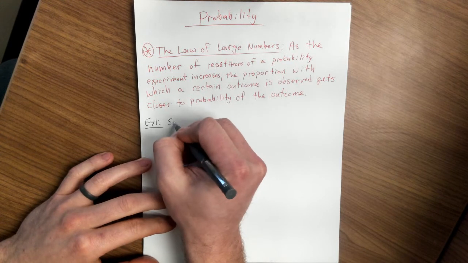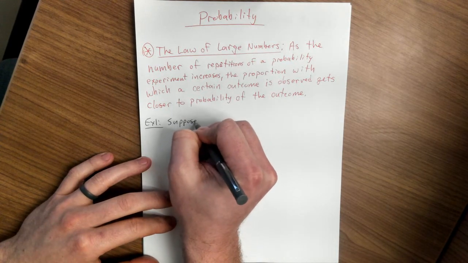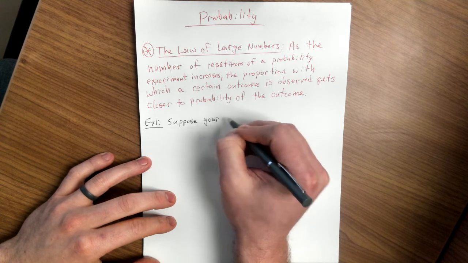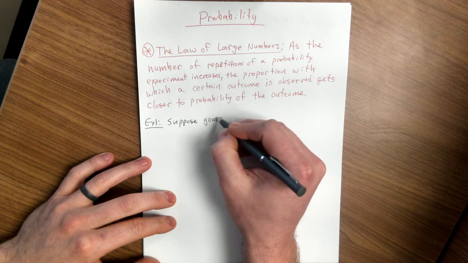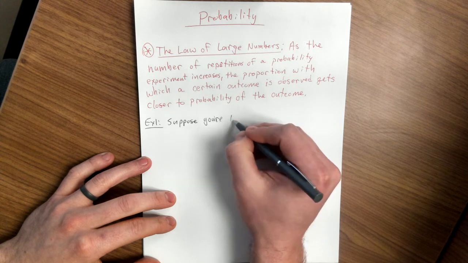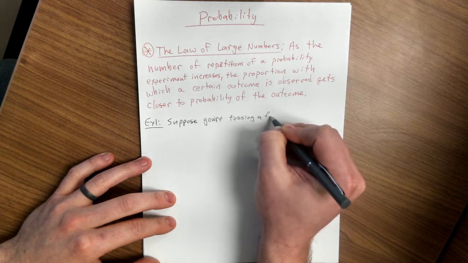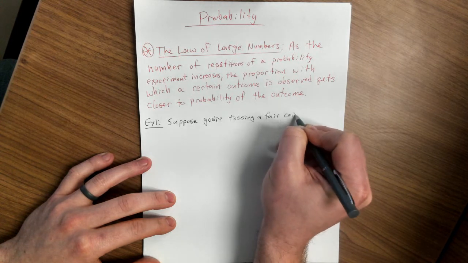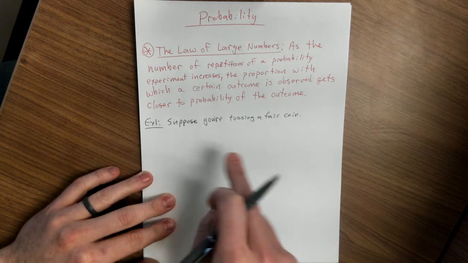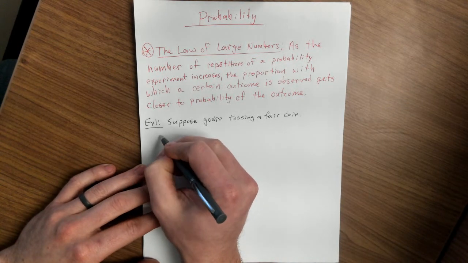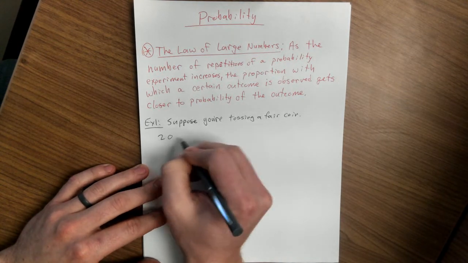So example 1, suppose you're tossing a fair coin. I'm going to have 3 scenarios here. Over here on the far left, let's say I've just recorded the first 20 flips.